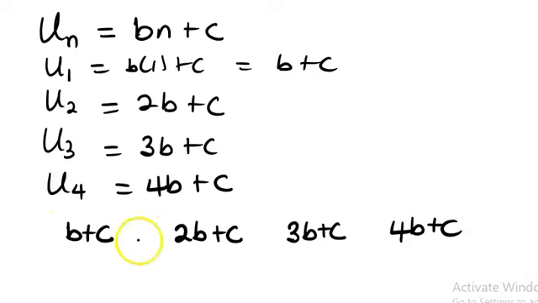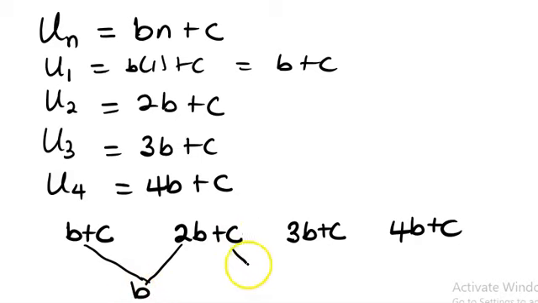Now let's try to find the difference between two consecutive terms. Looking for this minus that, 2b minus b will give us b. So when we find the difference, we are going to get b here.